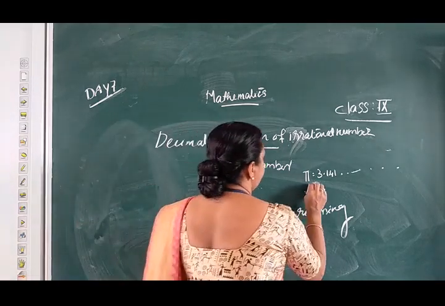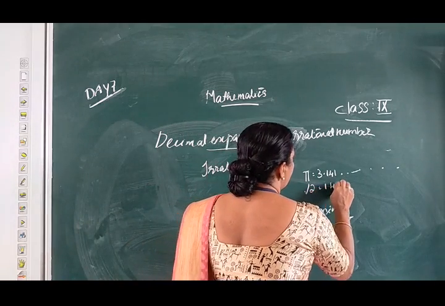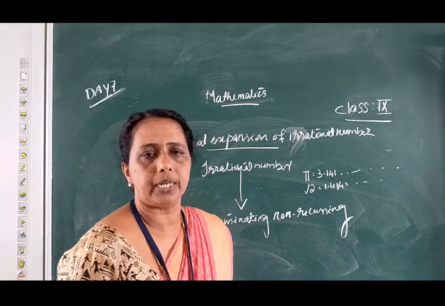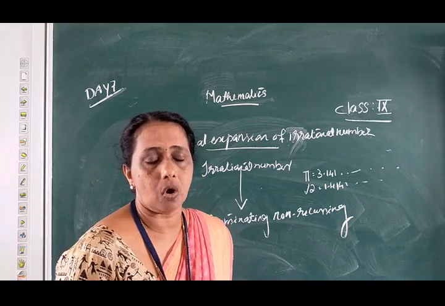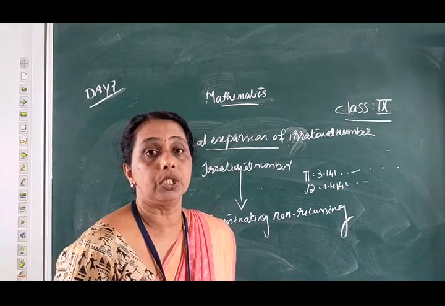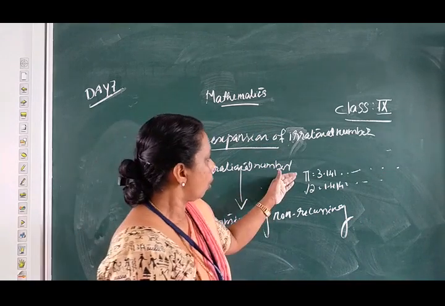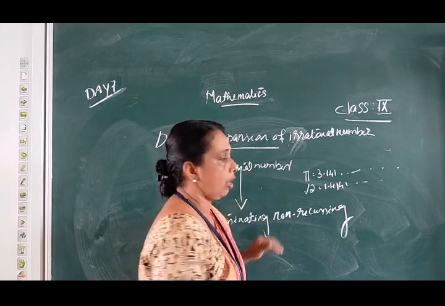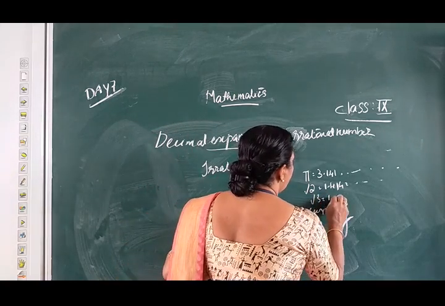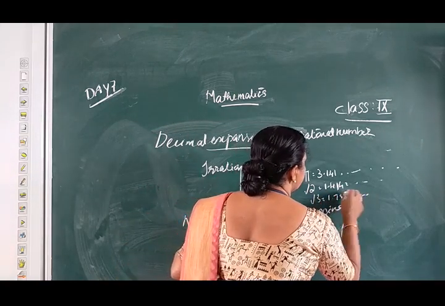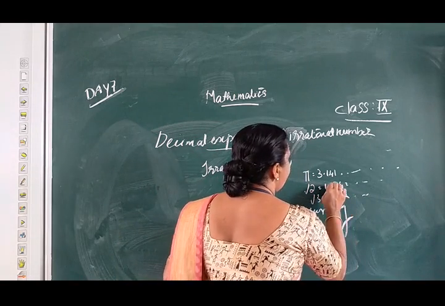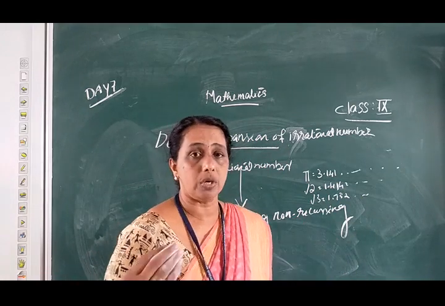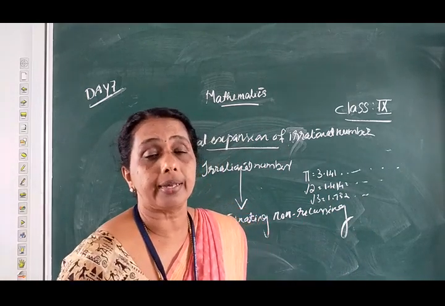Root 2, 1.4142 etc., is also a non-terminating, non-recurring decimal, so root 2 is an irrational number. Root 3 is equal to 1.732 etc., also an irrational number because its decimal expansion is non-terminating, non-recurring.